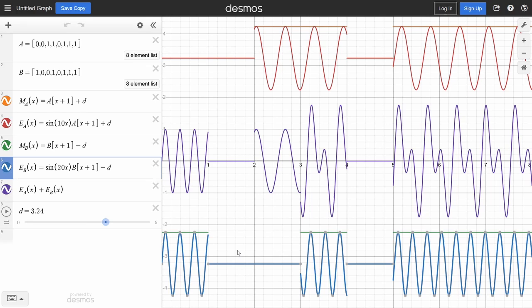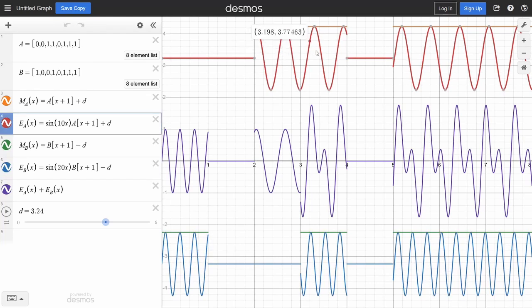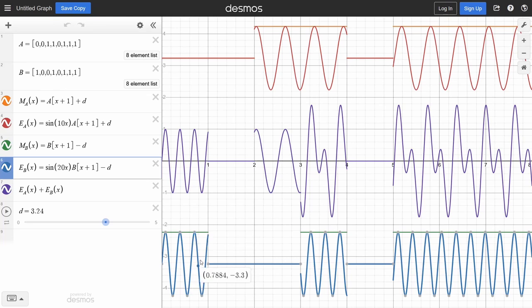So okay, question to you, is this going to sound like a higher pitch noise or a lower pitch noise compared to this blue one? Which one is higher? Is the red pitch going to be higher, or is the blue pitch going to be higher? Yeah, the blue pitch is going to be higher because the frequency is higher. It's oscillating more often.